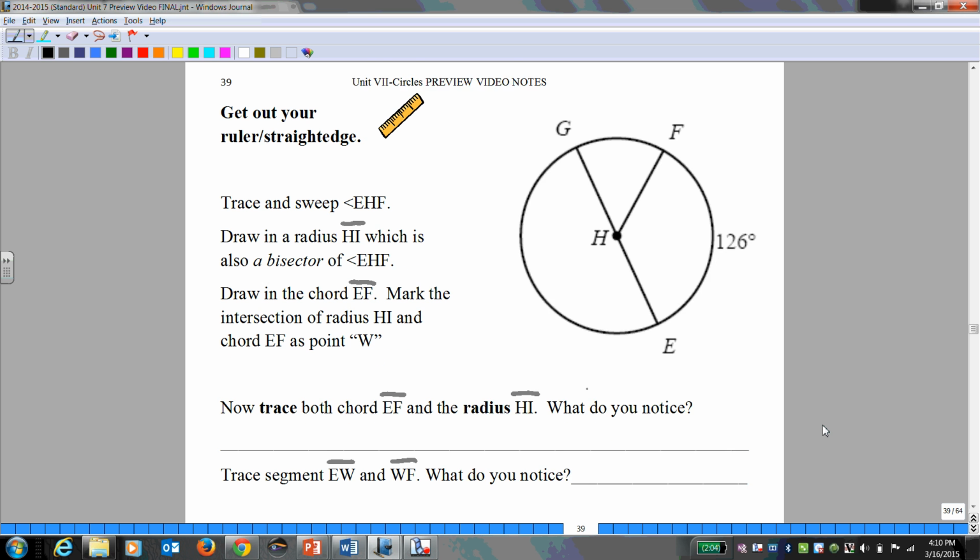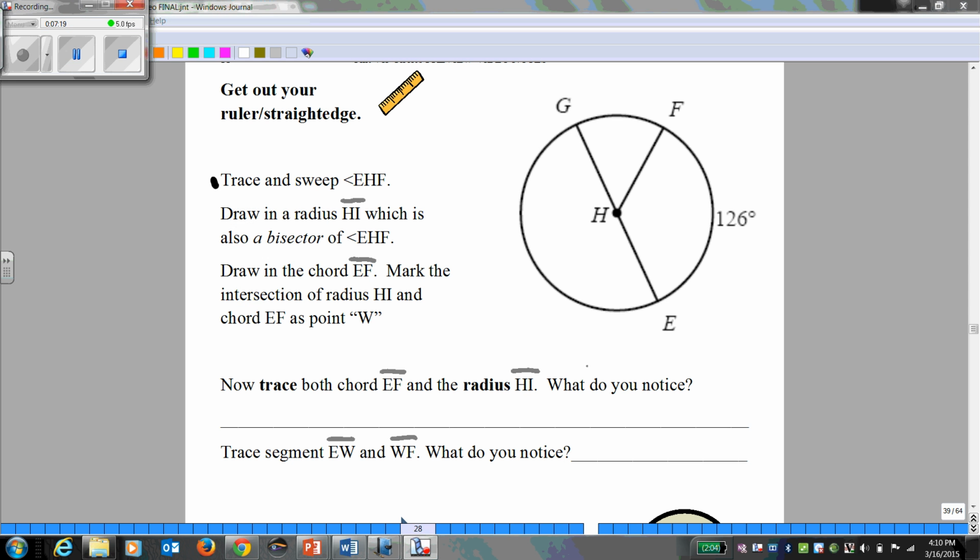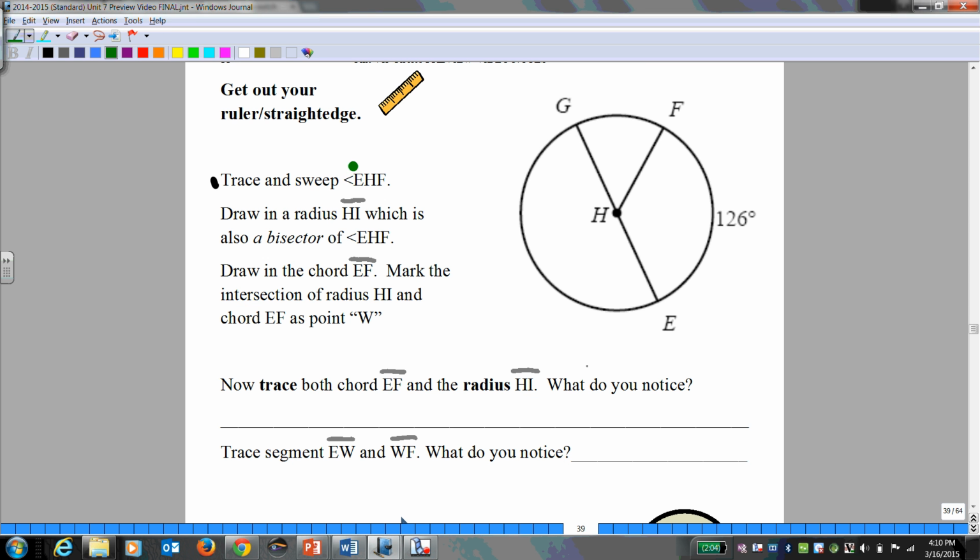You're going to need a straight edge here. First bullet says trace and sweep EHF. Second bullet says draw in a radius HI so that it is a bisector of the angle EHF.